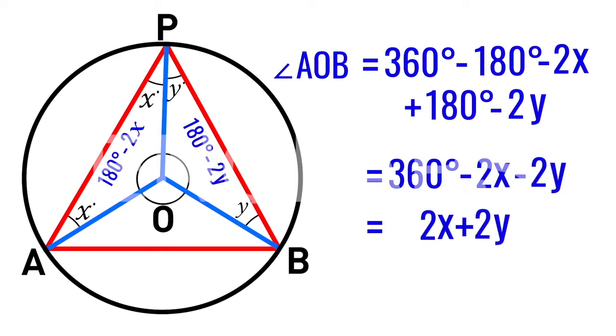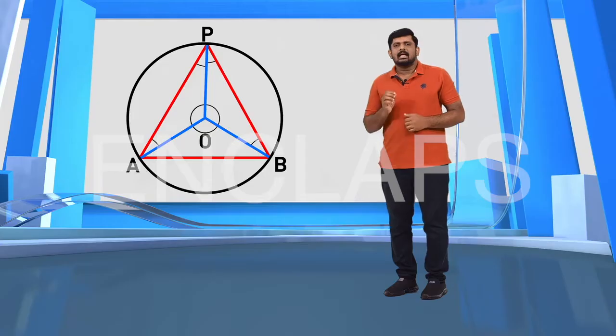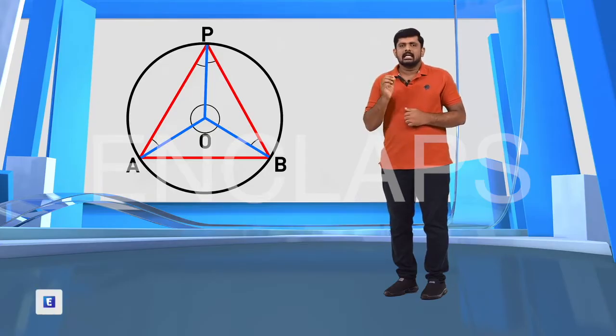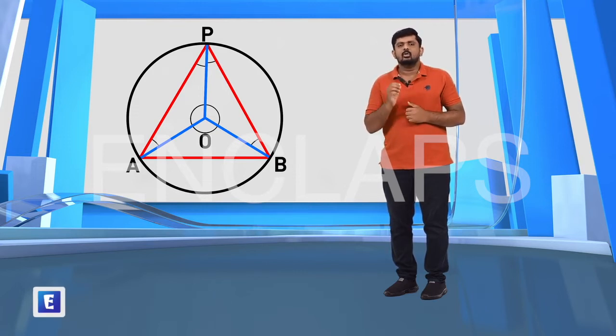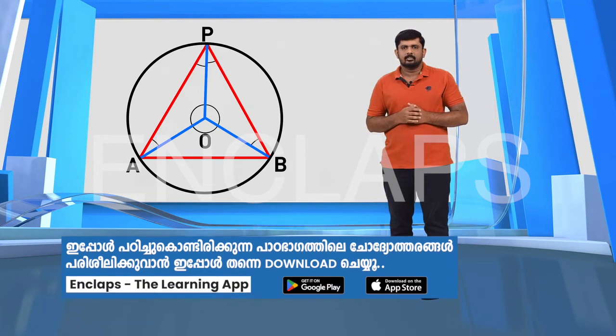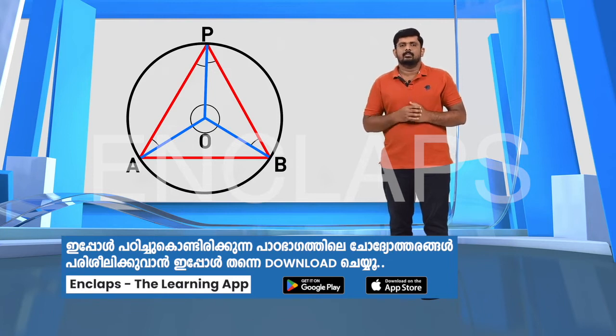If we take 2 outside, 2 into (x plus y). The angle APB is x plus y degree and the angle AOB is 2 times (x plus y) degree. That is, the angle AOB is 2 times angle APB, or APB is half of angle AOB.